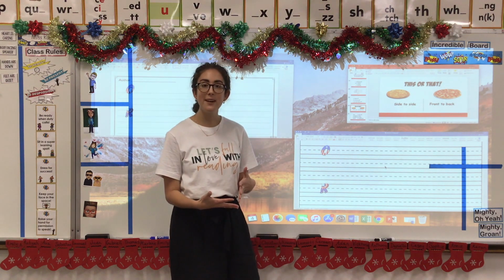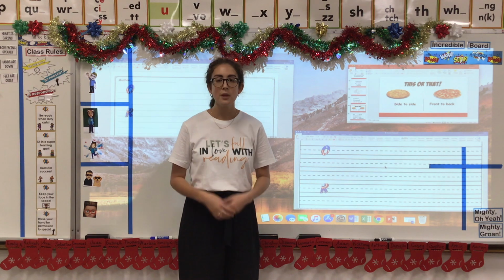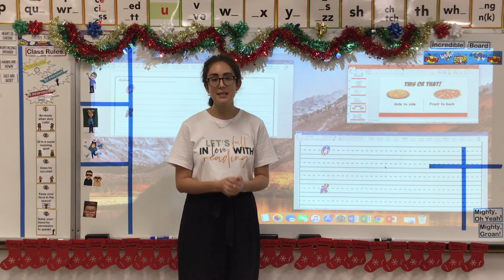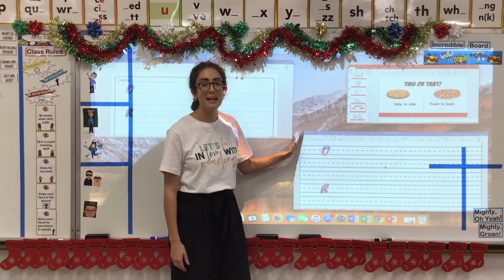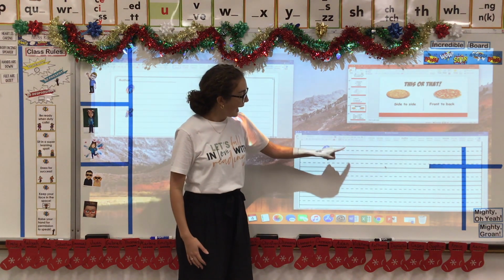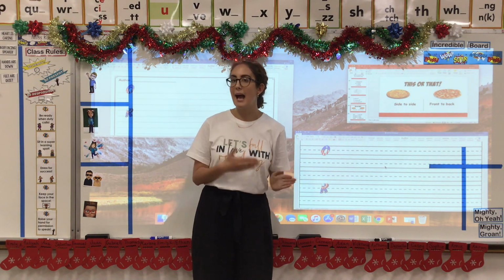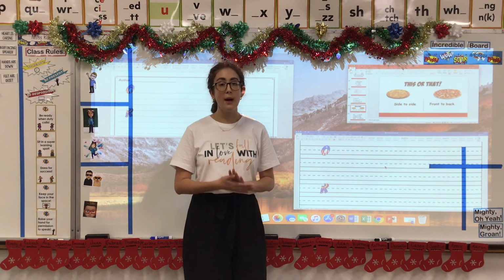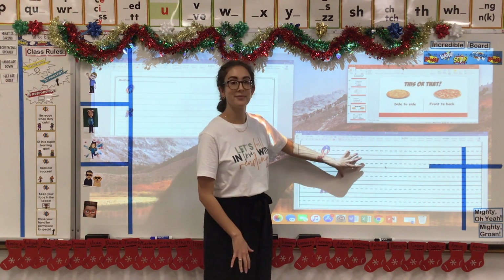There's a good few of us that have the goal to become better with our handwriting. So today, during our drafting stage, I encourage you to pick this page, make the responsible choice, and use the handwriting paper to work on your handwriting as you draft. So you have the option to choose lined paper or handwriting paper.